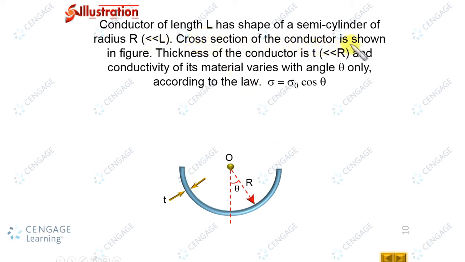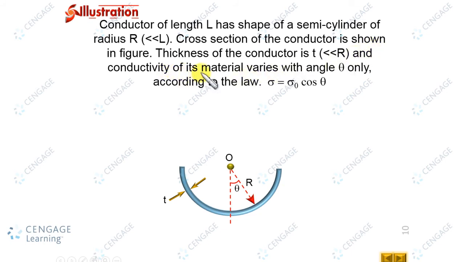Cross section of the conductor is shown in the figure. You can follow this figure. This of course is a semicircle of radius capital R. The thickness of the conductor is small t.